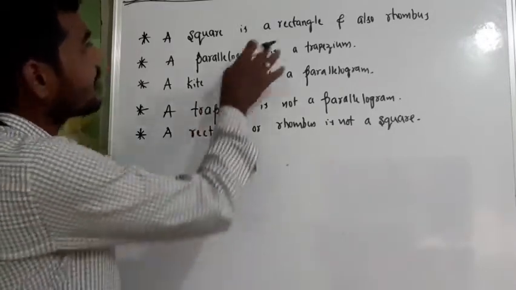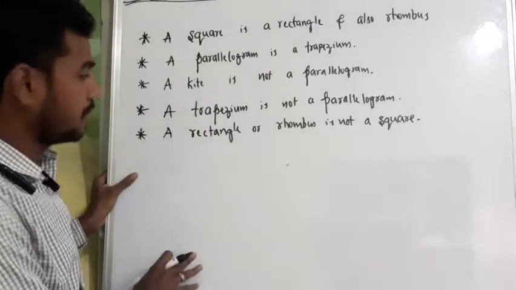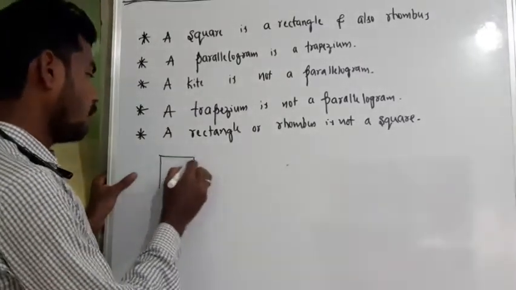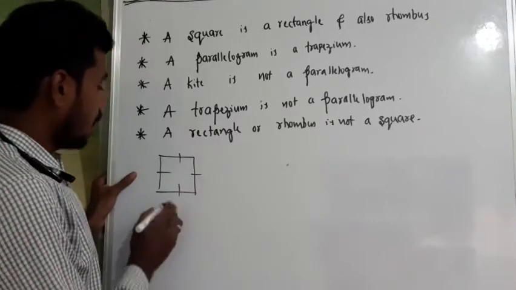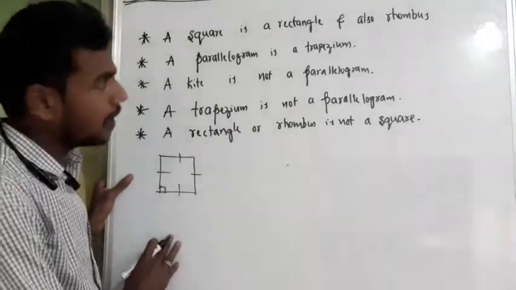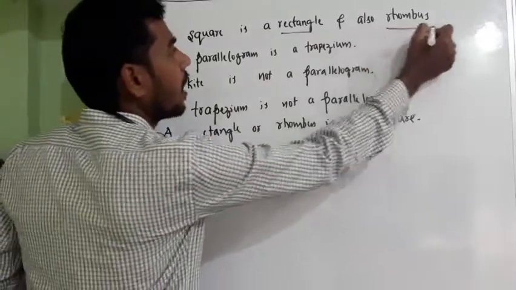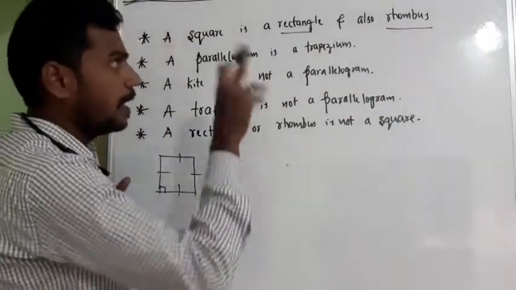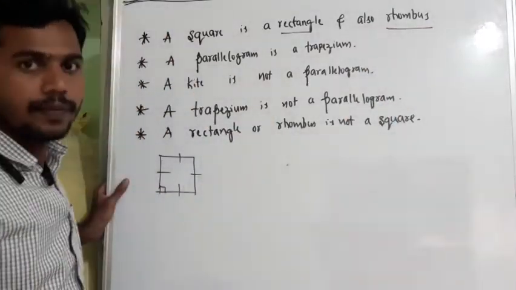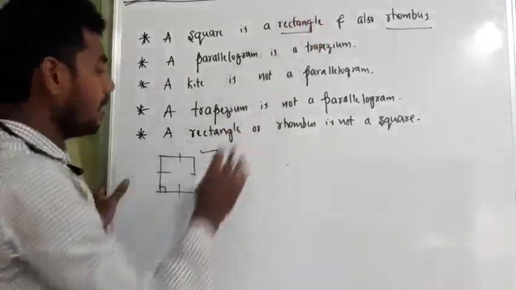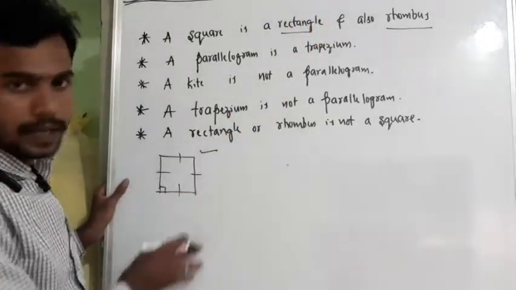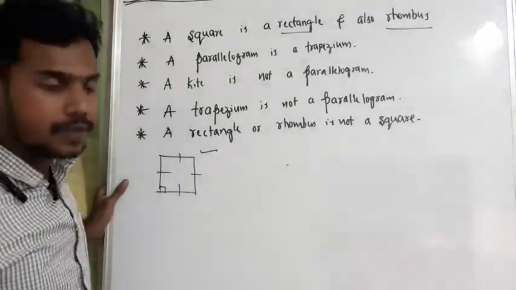A square is a rectangle and also a rhombus. See, in a square, all the sides are equal and the angle is 90 degrees. According to the definition of a rhombus, all the sides will be equal, so that is satisfied. In a rectangle, opposite sides are equal and one of the angles is 90 degrees.